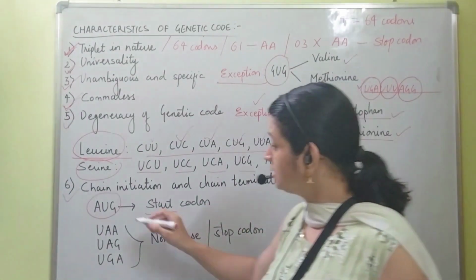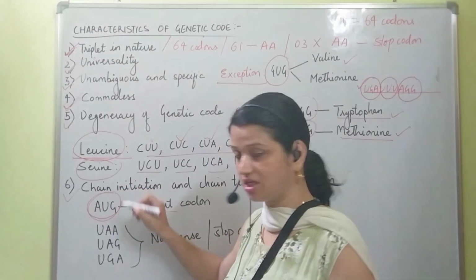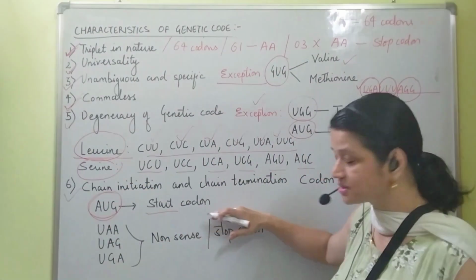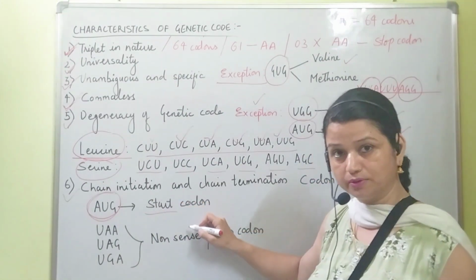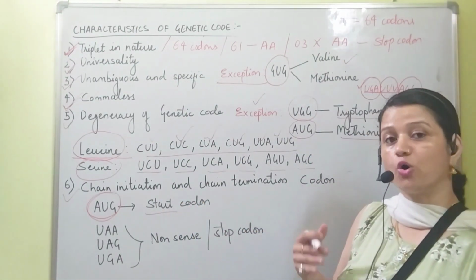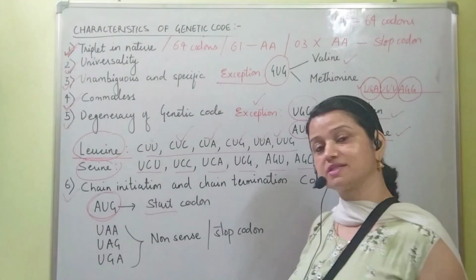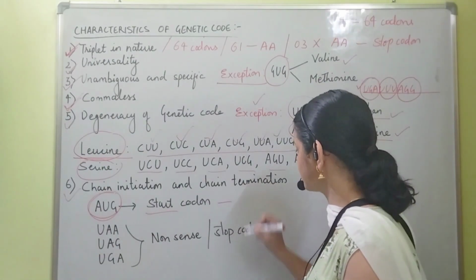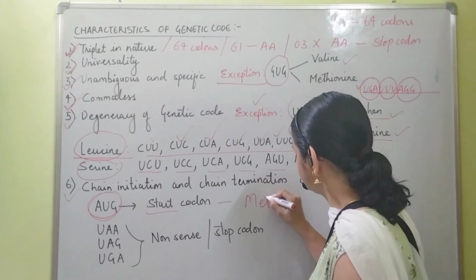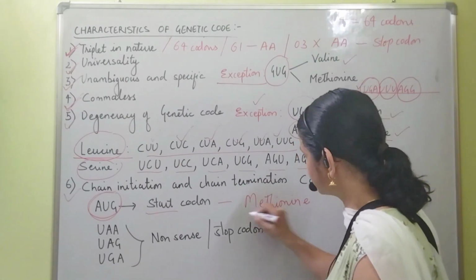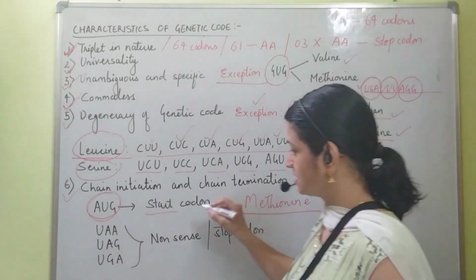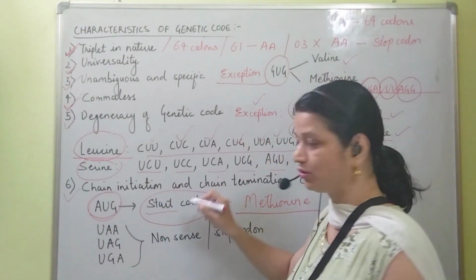Besides this, it also codes for the amino acid methionine. So it has a dual function. It codes for the amino acid methionine plus it acts as a start codon.